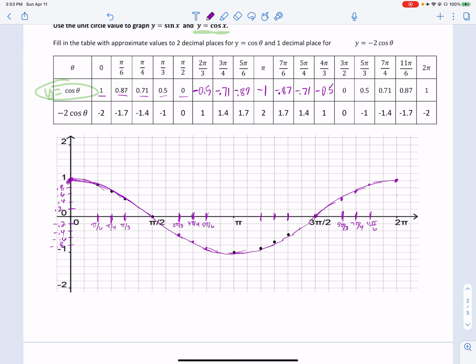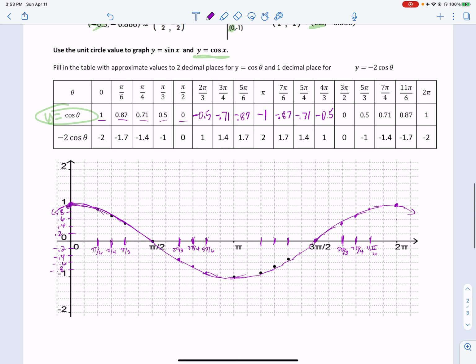The highest it gets is 1, so it's going to continue both to left and right by going down. And there is what we would say one period of cosine. Domain, all reals, range negative 1 to 1.